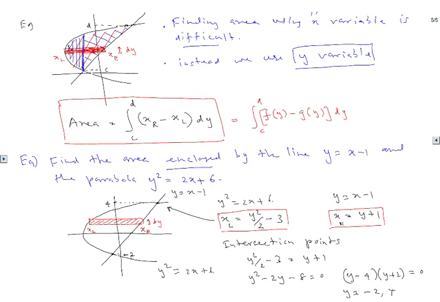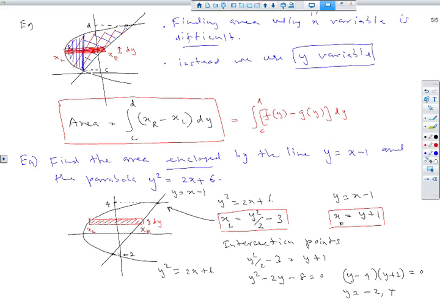Okay, so then we can finish the integral. Now we have all the limits and the left function and the right function, so we can write the integral now. The area is the integral from c to d of x right minus x left dy.